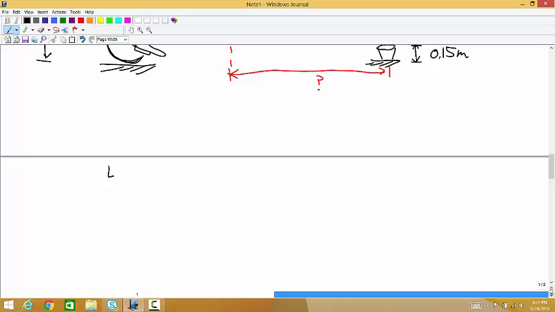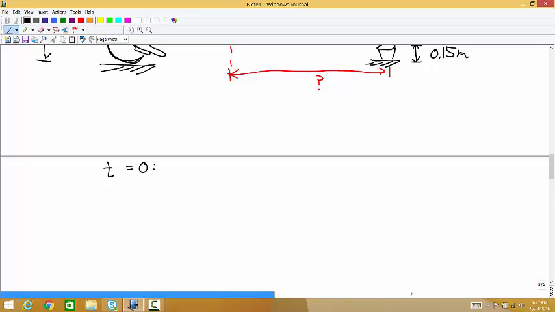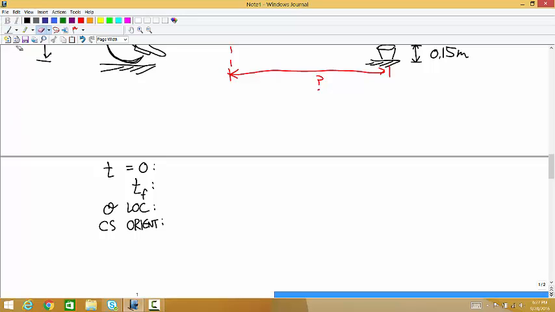So we have to choose those four things first: time equals 0, time final, the origin location, and the coordinate system orientation. What do you want to choose as time equals 0?